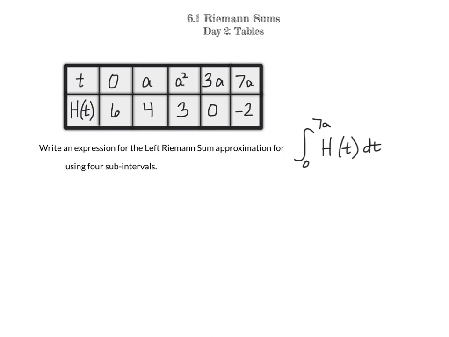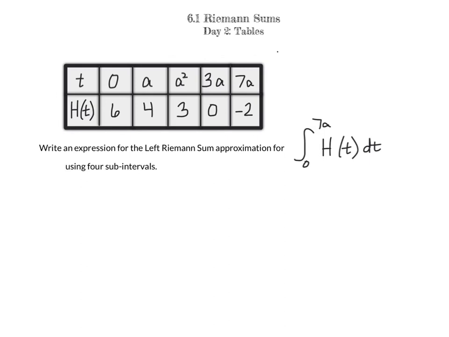So let's write the expression for our left Riemann sum. It tells us to use 4 subintervals, which we already knew, right? Because we have 5 data points, we're going to have 4 separate intervals. And again, we just want to approximate the area under the curve h of t, which we don't know really anything about, right? But I did mean to write one more thing on here, so let's include that.